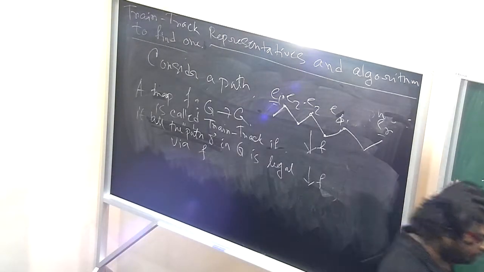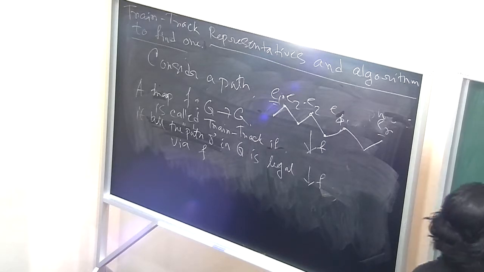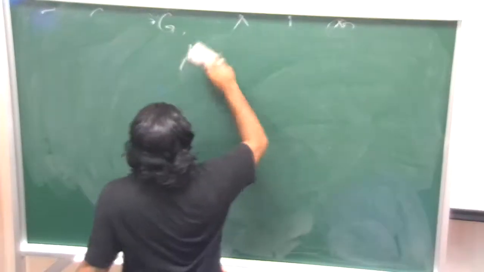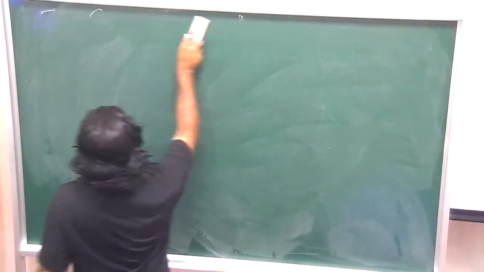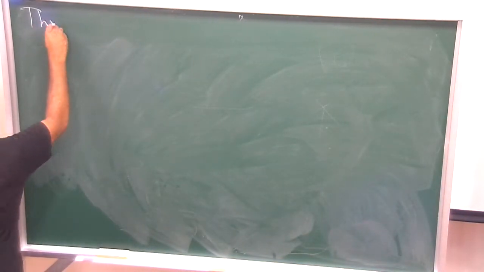So that's our definition of a train track map. Now we already know the theorem which Spencer mentioned yesterday: if you have an irreducible representative, you are always going to have a train track map for that. So that is our main theorem.